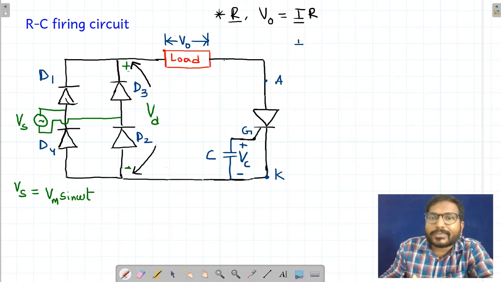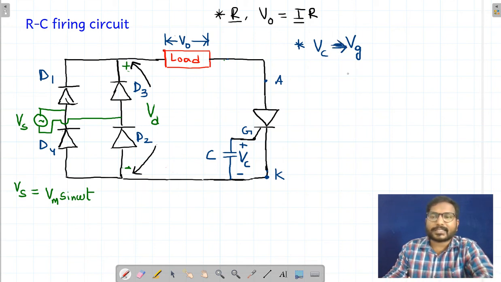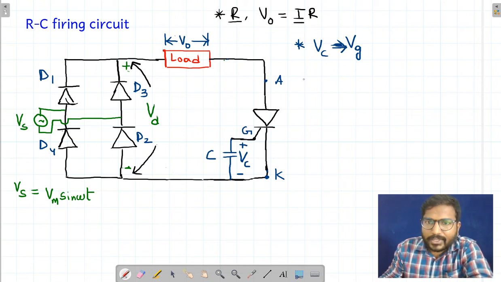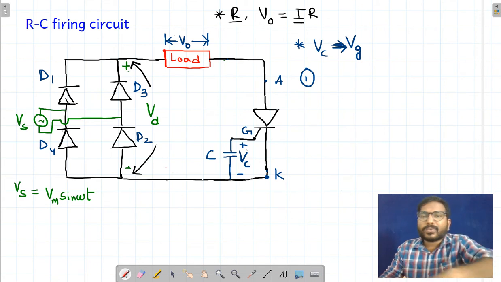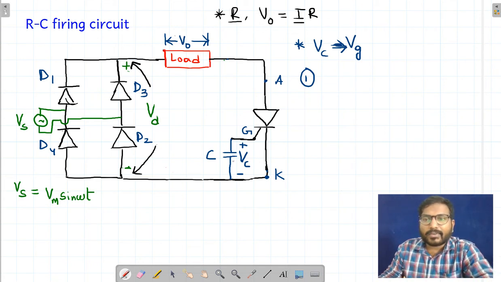Now we can observe our capacitor voltage acts as a supply to the gate. Now the capacitor voltage acts as a gate voltage. Our objective is completed: the voltage is available to the gate, so the SCR can be triggered.